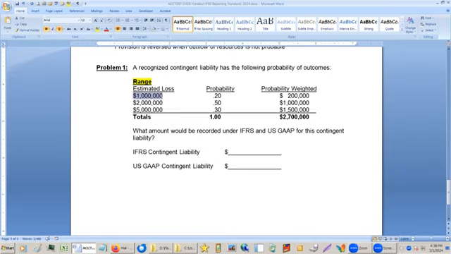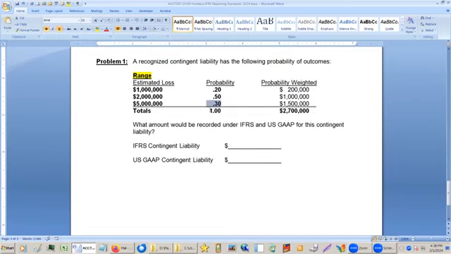And it ranges that it could be $1 million, could be $2 million, could be $5 million. And here are the probabilities. The probability that the loss is going to be $1 million is 20%. Probability that it'll be $2 million is 50%, and 30% is $5 million. And that's how we came up with this total of 100%.